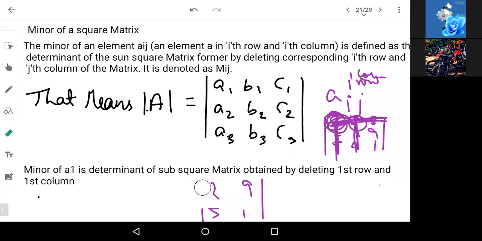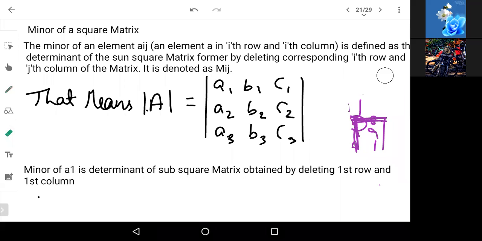Now we will keep finding the minor and we will keep solving that determinant to find the value of each and every minor. Okay, so this is an important concept for the further concepts that we'll be learning. Okay, there is one more important concept called inverse of a matrix. For that we require to understand minor and all that to solve.